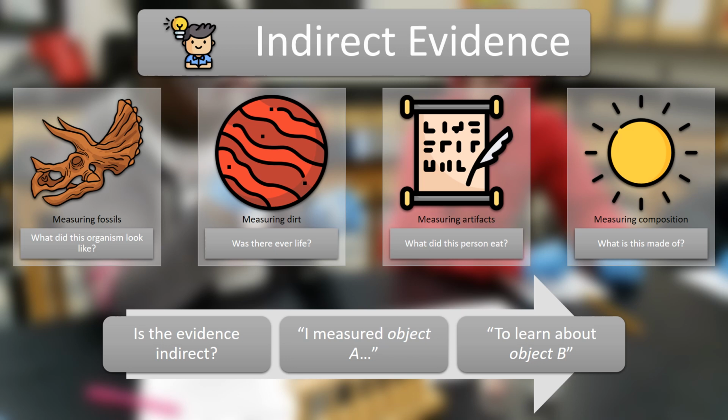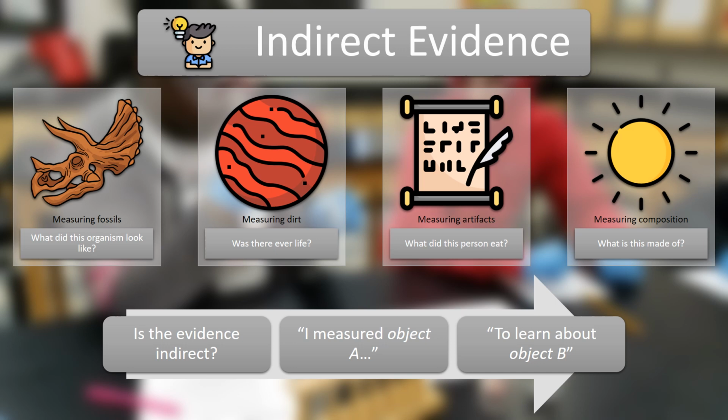We can learn about what they ate by investigating their droppings. We can learn about their nests by finding fossilized dinosaur nests. In each case, we're seeing the object. We can interact with the object, the fossil itself, but we can't actually observe the whole living dinosaur. So we observe the fossil, object A, in order to learn about object B, the living, breathing dinosaur.